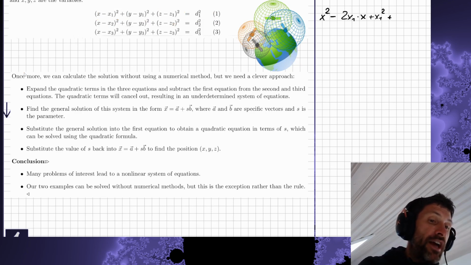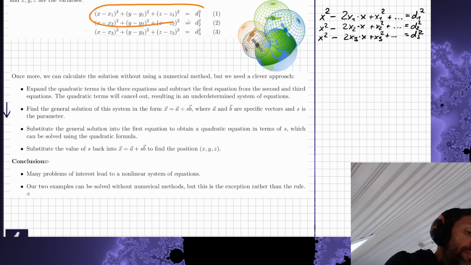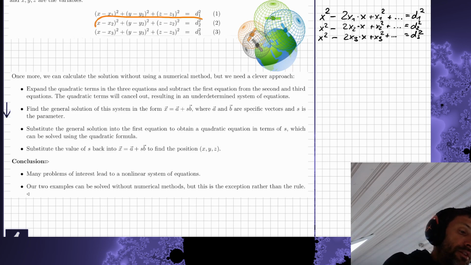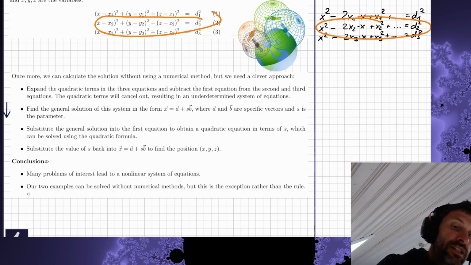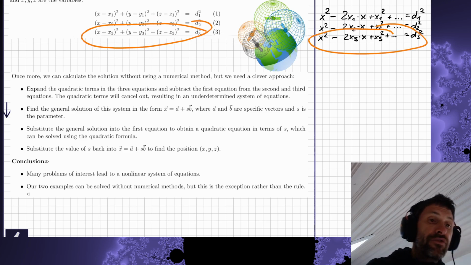Let's do that. Okay, so expanding the first equation, we get this. We get this one. Okay, expanding the second equation, we get this one, and expanding the third equation, we get this one.